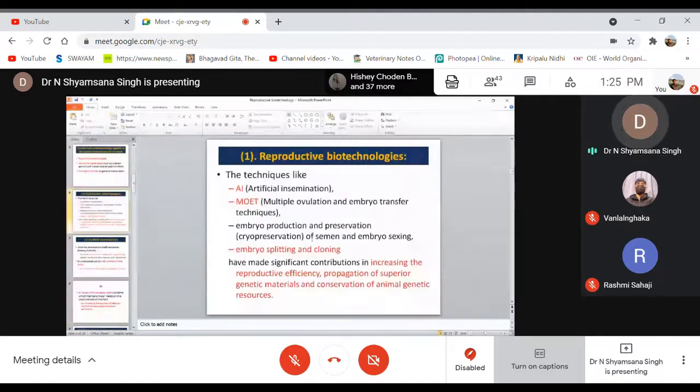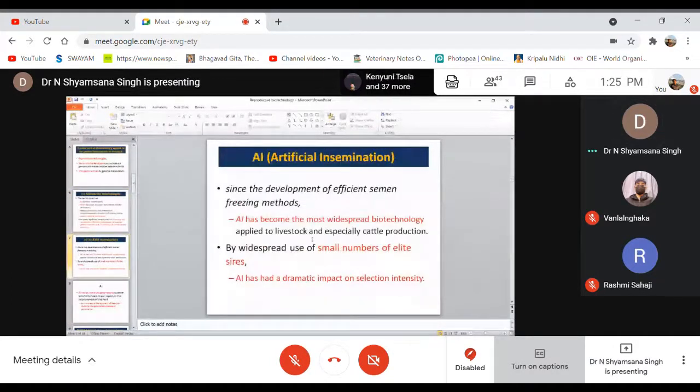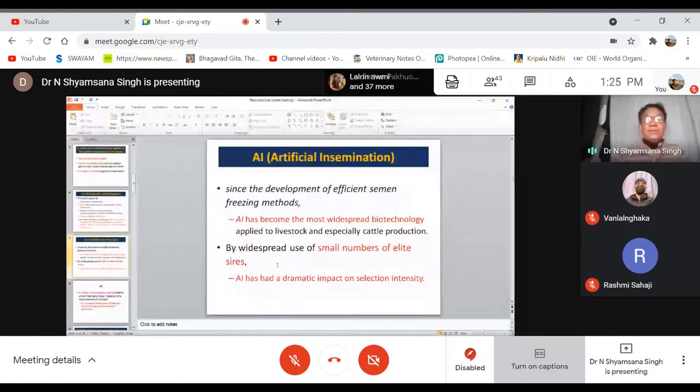Coming to artificial insemination, in case of cattle, using a very few superior males, we can cover so many animals.